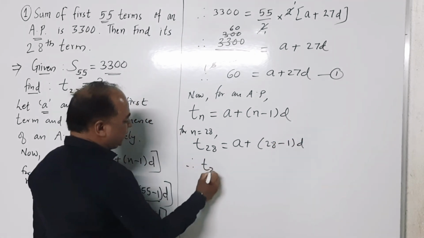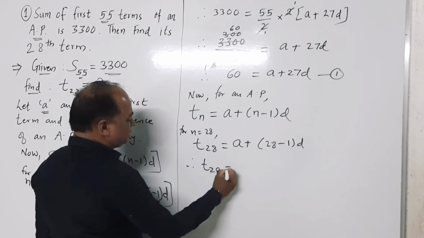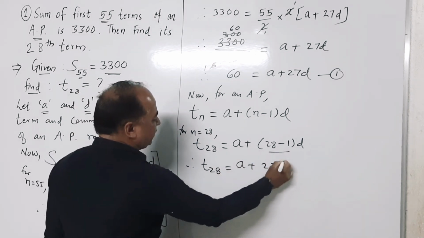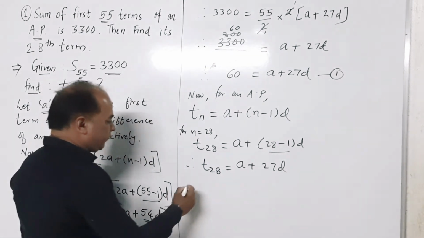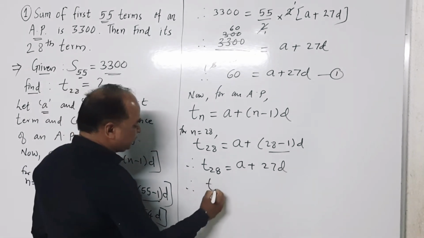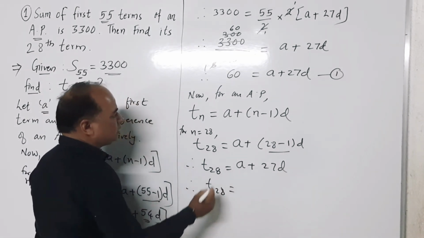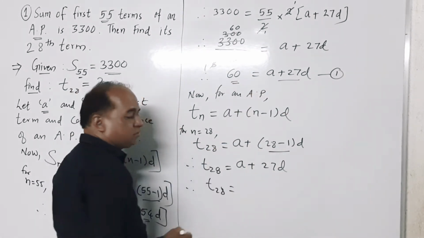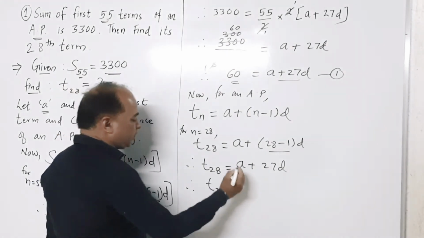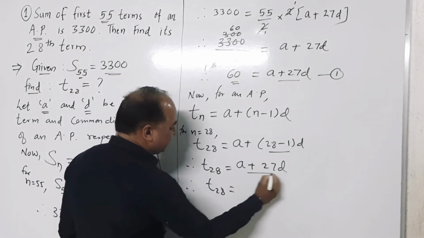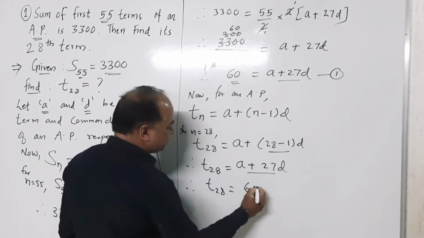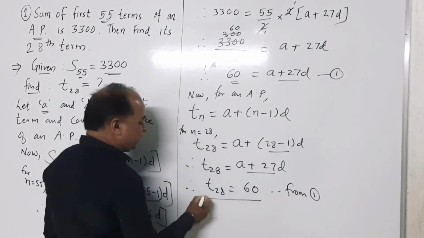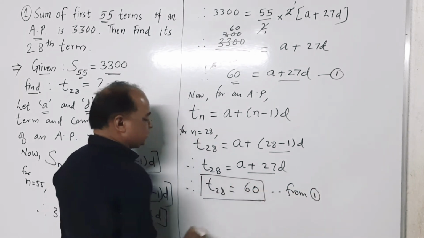Therefore, T28 is equal to A plus 27D is equal to 60. So from statement number 1, A plus 27D is equal to 60. Therefore, the 28th term of the AP is 60.